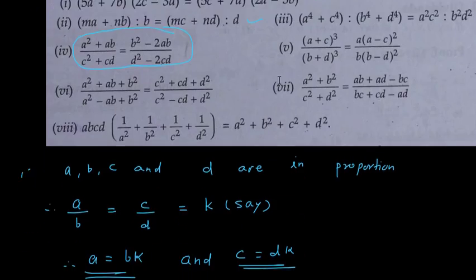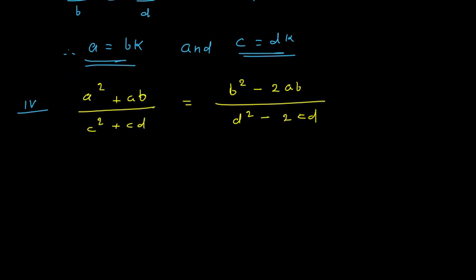And it is D square, right? Okay, so we say that A is BK and C is DK.